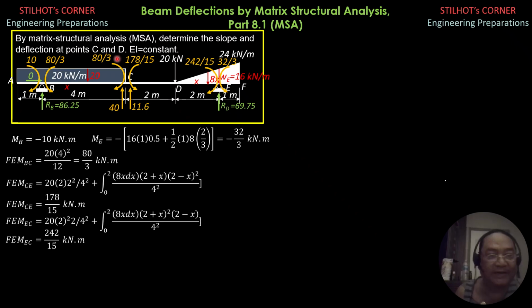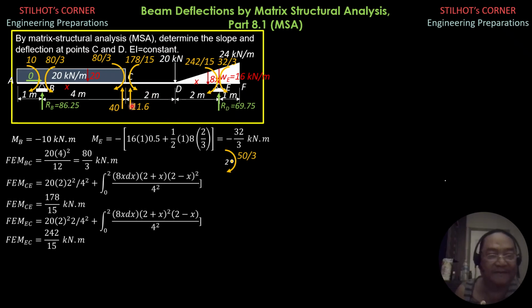Then the loading is 80 over 3 minus 178 over 15. At B, it's 10 minus 80 over 3, negative 50 over 3, so it is clockwise. That's the nodal load at B, which is marked 0.2, and the numbering in the matrix calculation would be 4.